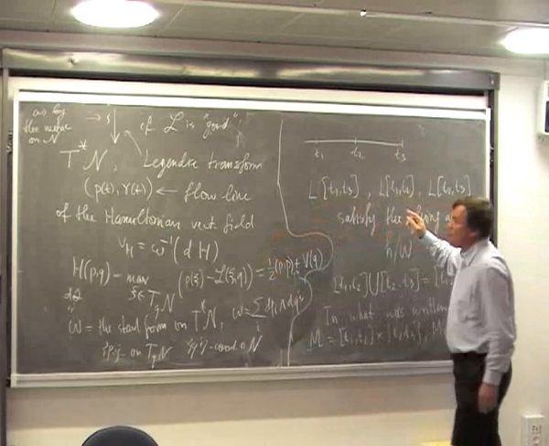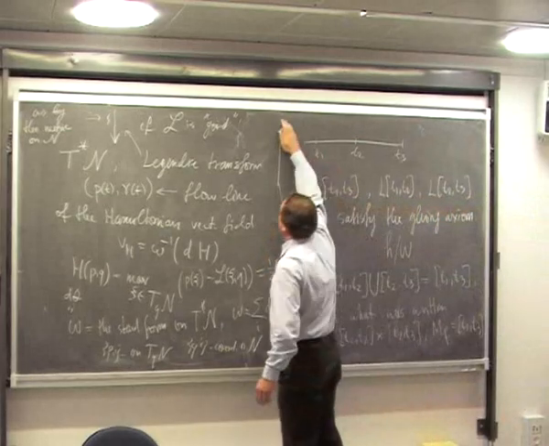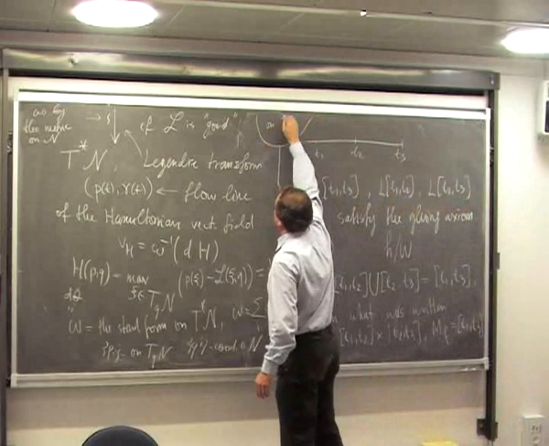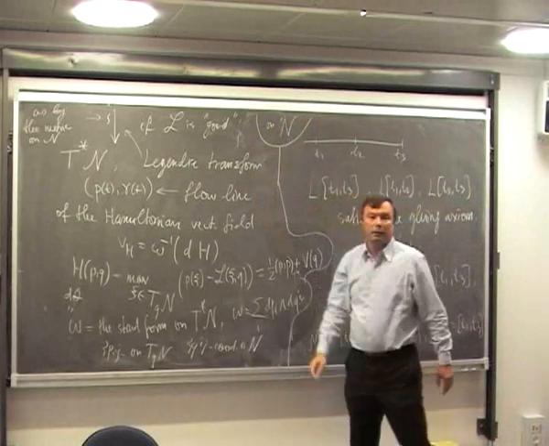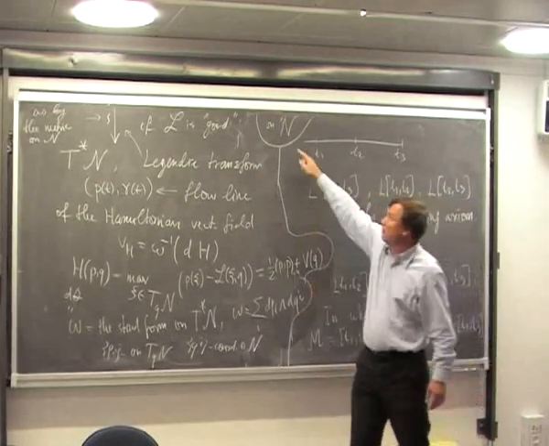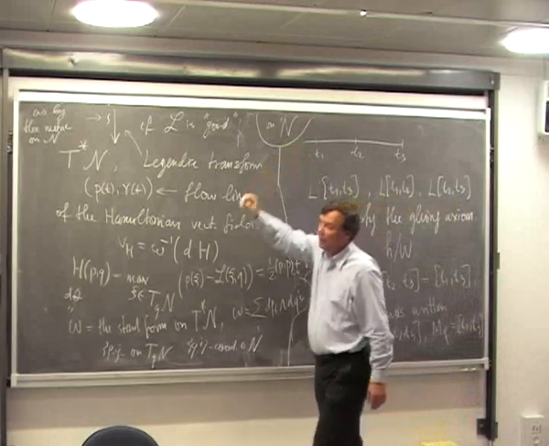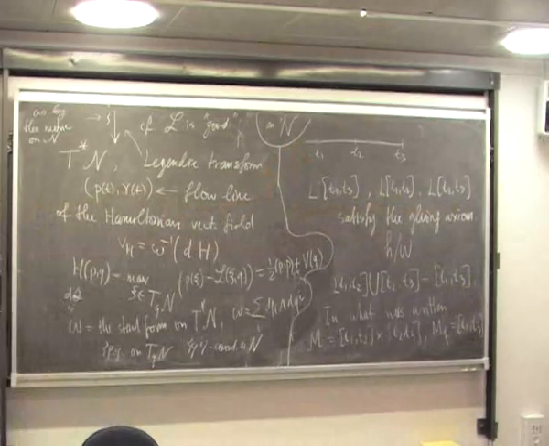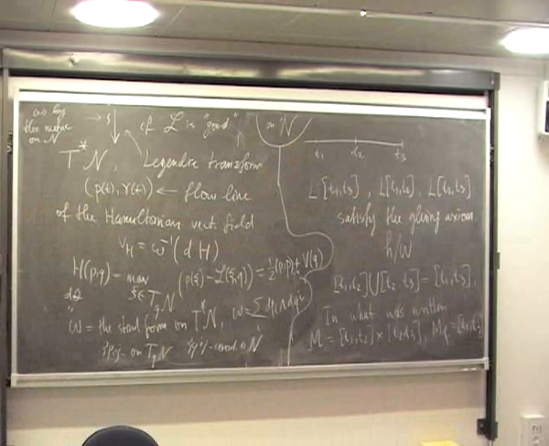The original field theory, the original Lagrangian field theory, was on N. The configuration space was N. The symplectic manifolds, now that we use in the Hamiltonian formulation, are cotangent bundles to N.